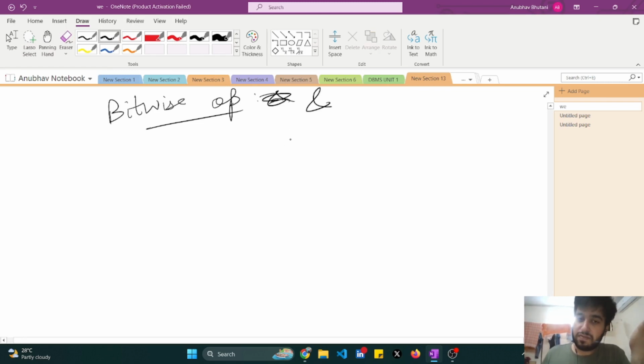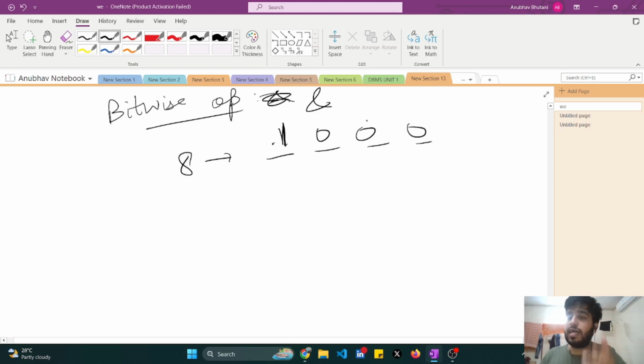How is AND useful? What we saw earlier is that for numbers like 8, we get one at only one position out of the possible positions. Suppose here I get one and all the other positions are 0.